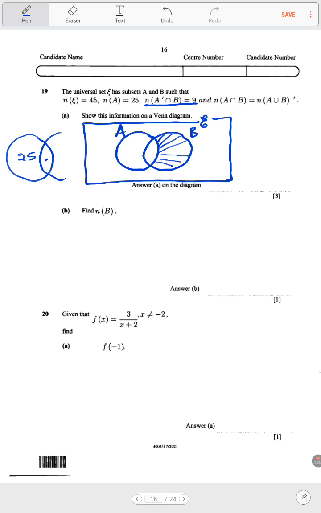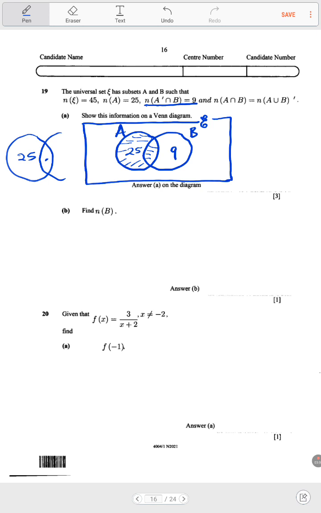So I'm going to fill in here and write 9. And we already know that inside set A we have 25, including this part and this part.